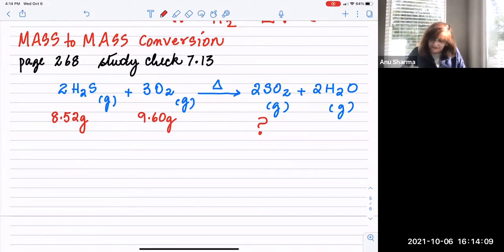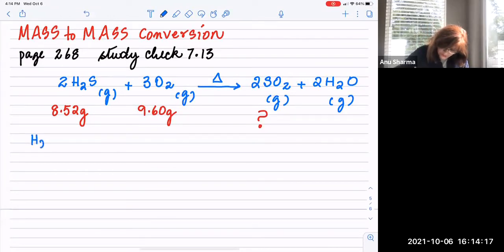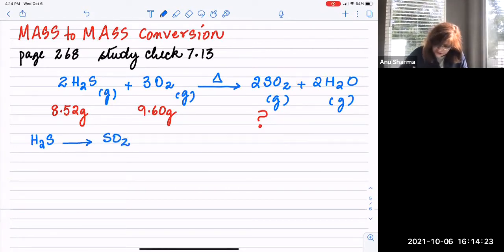Here we are looking at the relationship of H2S to sulfur dioxide, and the relationship of oxygen to sulfur dioxide. And why are we doing that?